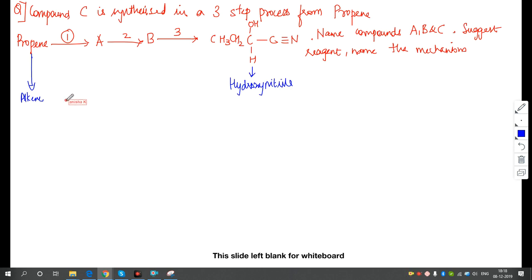So we know propene is getting converted to hydroxynitrile with two different compounds in the middle, right? So compound C is hydroxynitrile, and they are formed from an aldehyde and ketone. Have a look, you still have the markings with you, the organic synthesis one. Just check the arrow ones. Let me just check that.